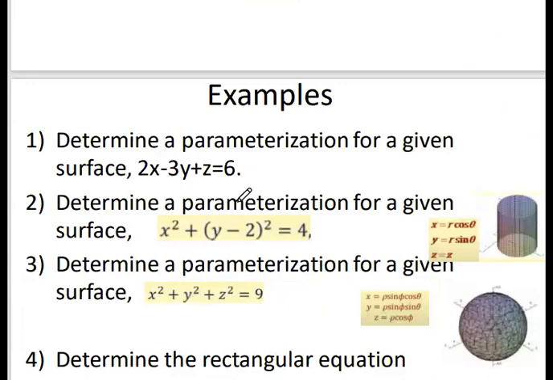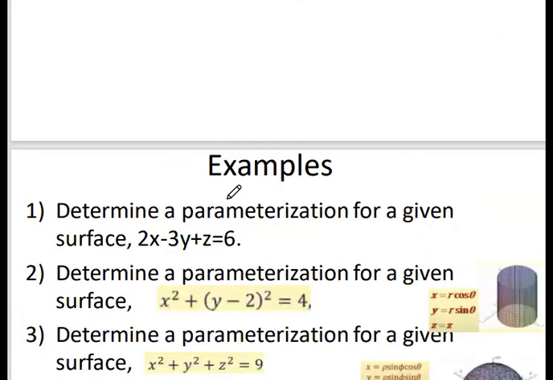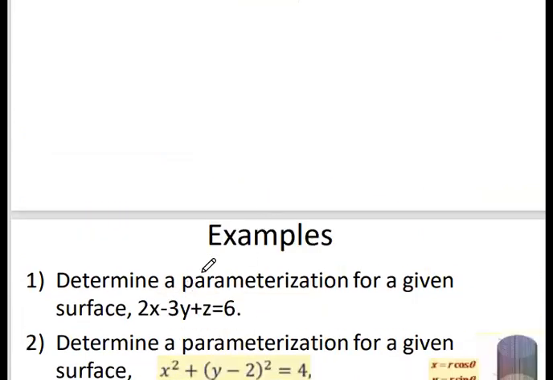First surface is a plane, an infinite plane. How do you parameterize this? Using two parameters, we can parameterize this surface.